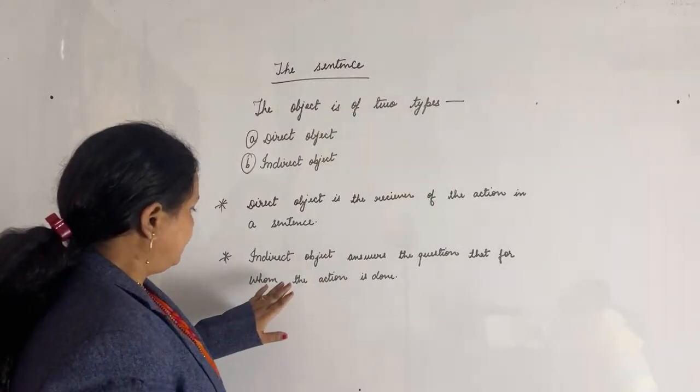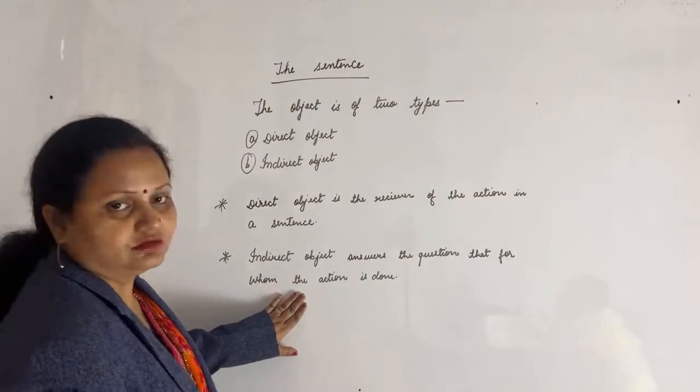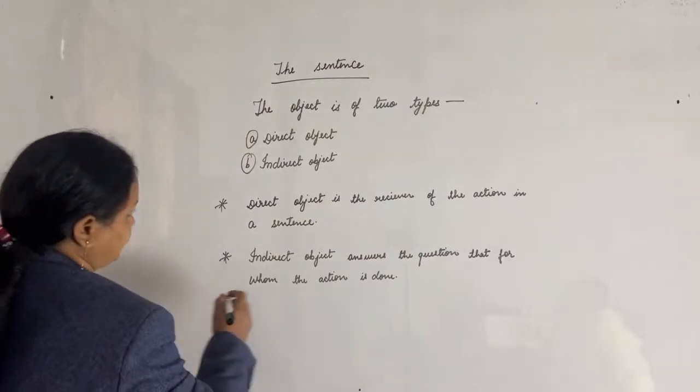So the receiver of the action is direct object, and for whom the action is done is indirect object.